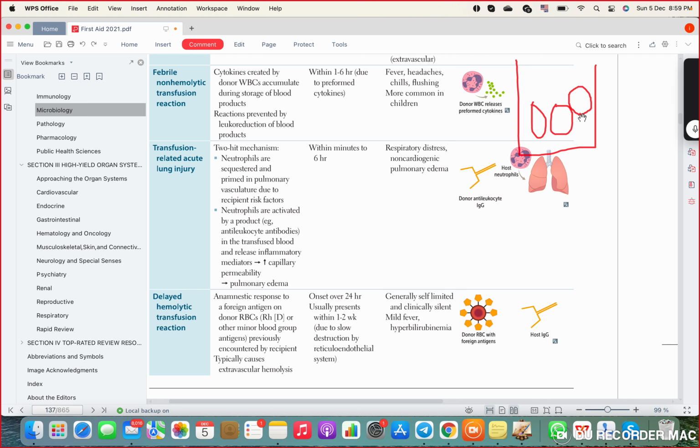But which cells secreted the cytokines, the RBCs or the white blood cells? WBCs only. These WBCs start releasing a lot of cytokines, and when you give this blood to the patient, he will have a cytokine storm in his body. So he becomes flushed.